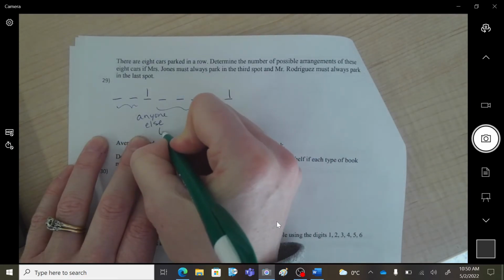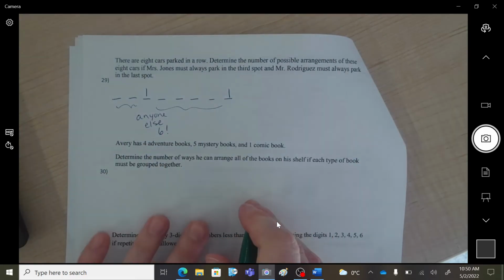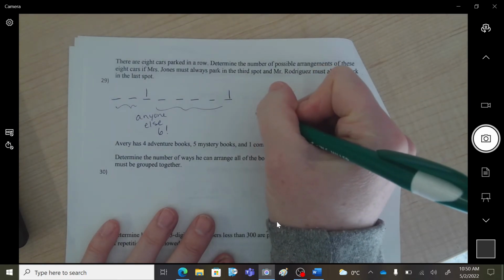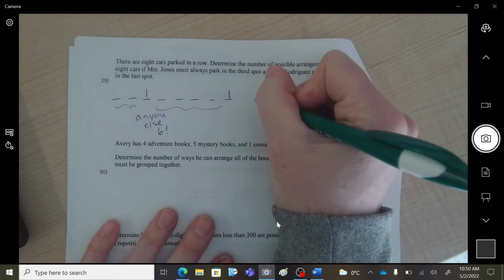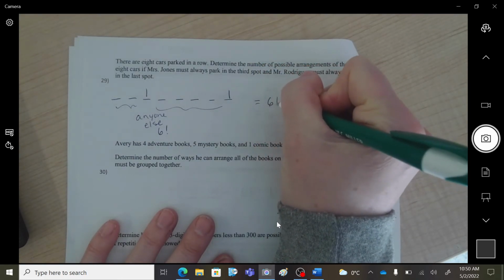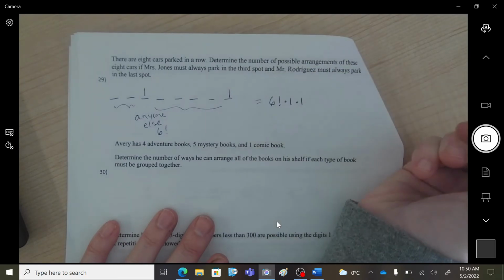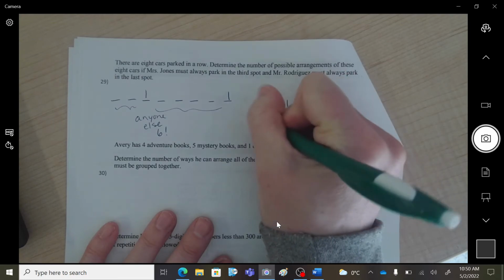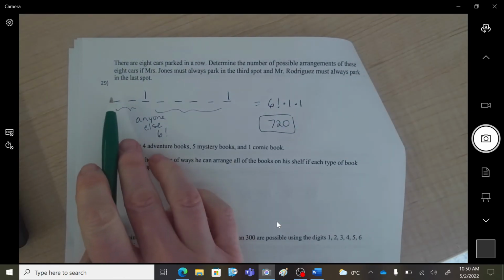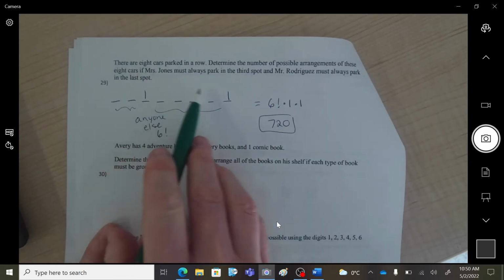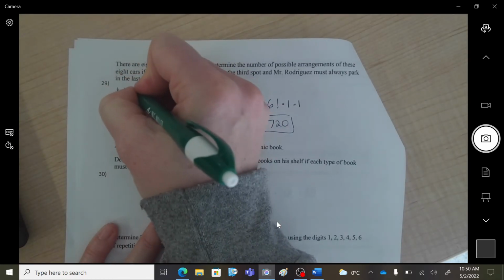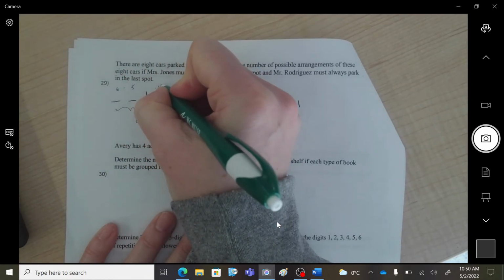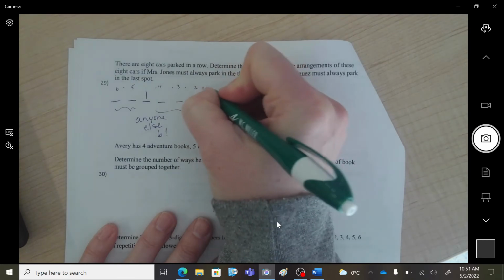So now I have 6 left. Okay, so basically 6 factorial times a 1 times a 1, which I don't need, so that's 720. Or you could say 6, 5 here, 4. So I could have done 6, 5, 4, options 3, 2, and 1.